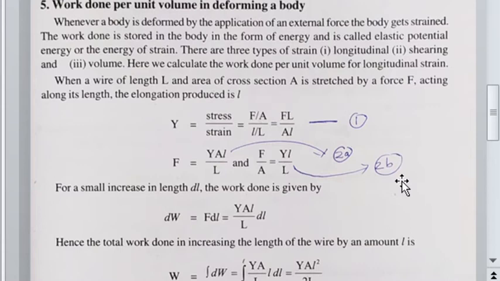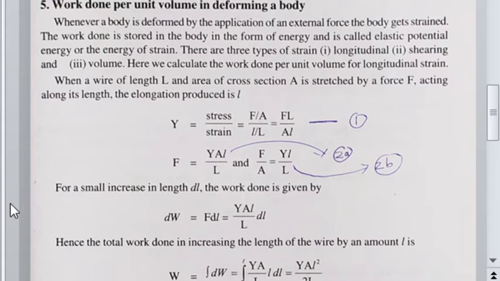We get YA divided by capital L on the outside and the integral from 0 to small l of l dl. We know that the integral from 0 to l of l dl is l square by 2. So we got the final answer for work done as W is equal to YA l square by 2L. Okay.